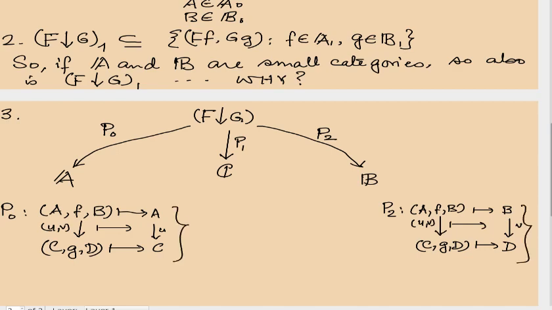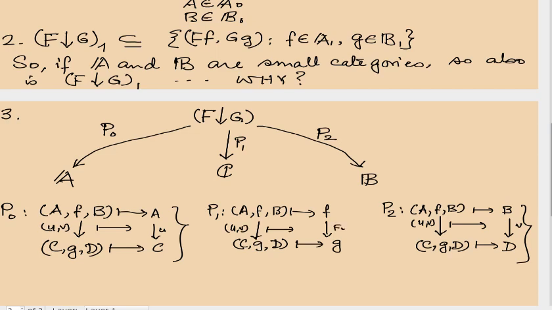And what does P1 do? Well, it takes it to the middle one, which is the morphism of C. This it takes to G, and UV it takes to FU and GV.